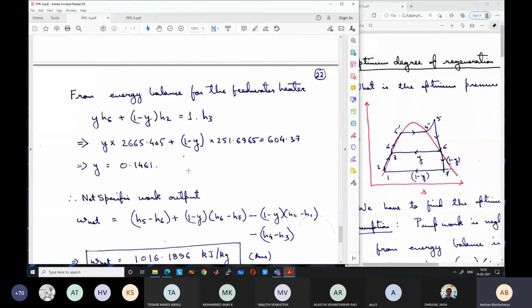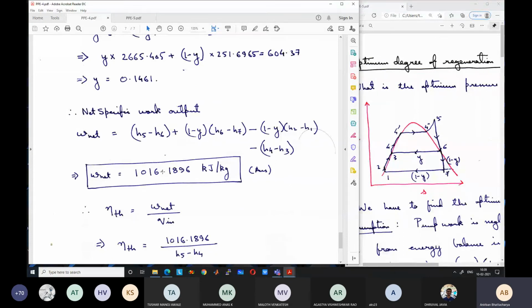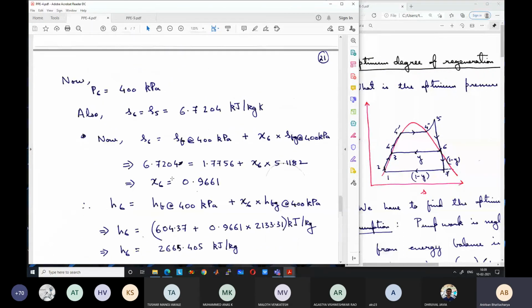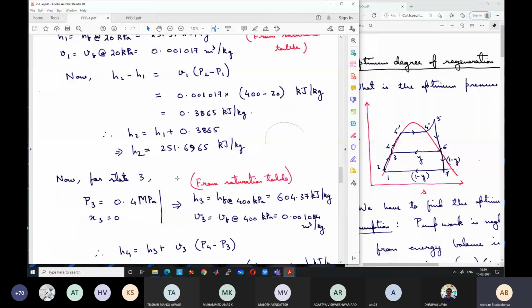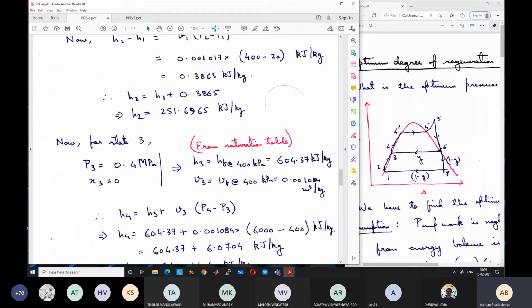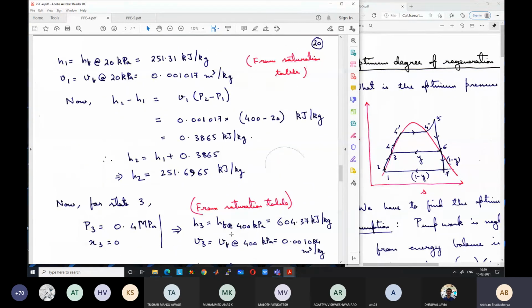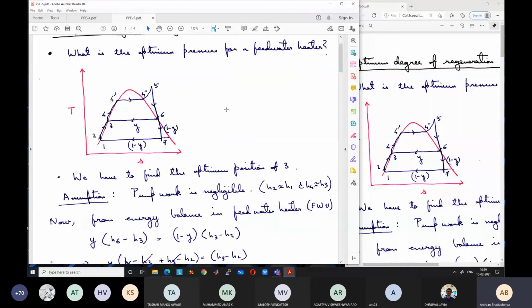Total work output was 1000 kilojoule per kg, but the pump work input was very small. In one case it was 6 kilojoule per kg, in another case even less than 1 kilojoule per kg. So it is much less than 1% of turbine work, and it's a reasonable assumption that pump work is negligible.